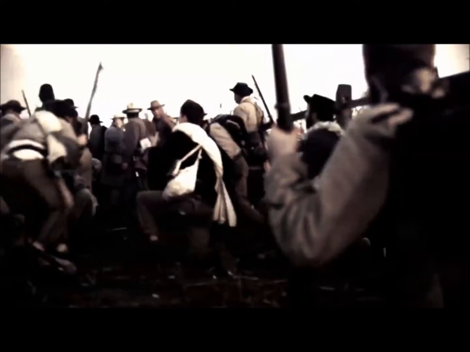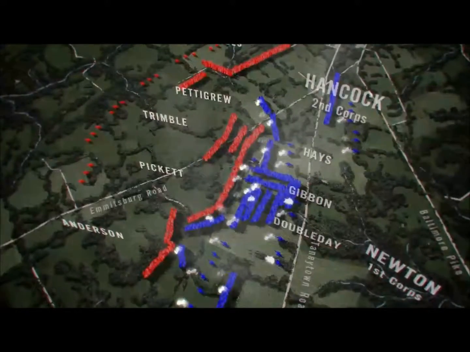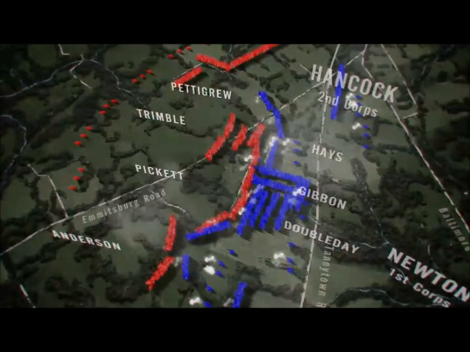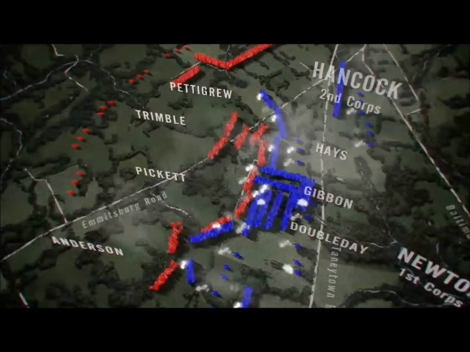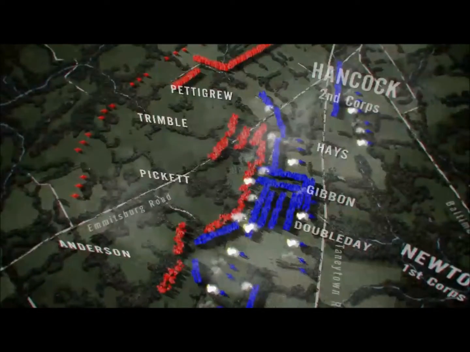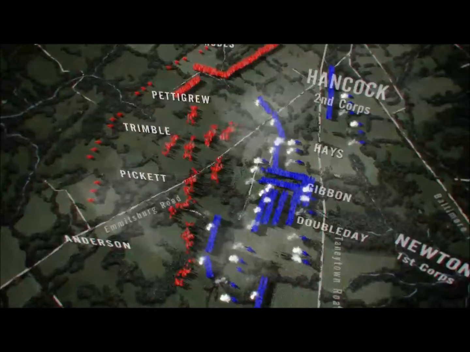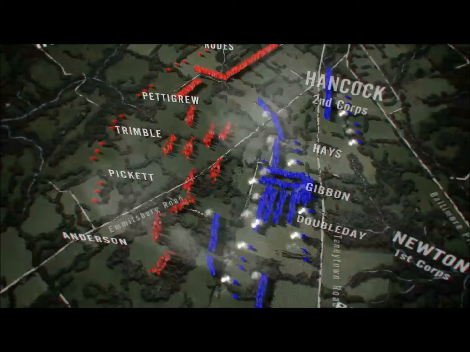The Southerners enter rifle range, and fewer than half cross the Emmitsburg Road. But with second and third line troops coming up, some manage to breach the Union position. A ferocious melee ensues. As tens of thousands of Union reinforcements arrive, the Confederate attackers dwindle.